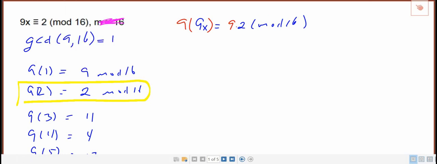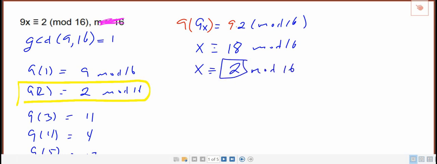If I do that, I get 1x, because we just discovered 9 times 9 is 1, and then that would be 18 mod 16, and when I reduce that, we get 2 mod 16. Okay, x is equal to 2. So that's one way to do it.